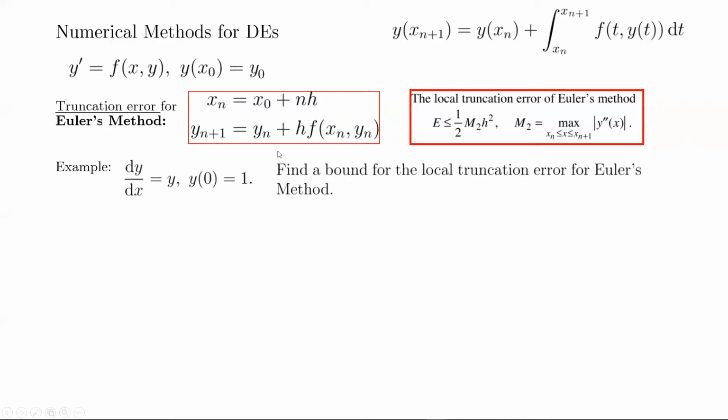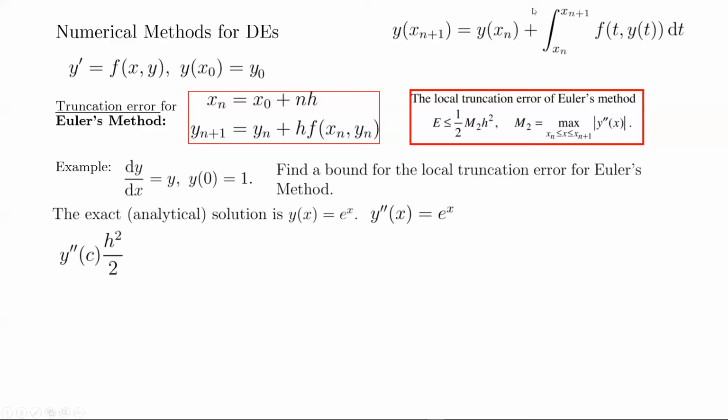This is the example we were working on. We're asked now to find a bound for the local truncation error in Euler's method. The exact analytical solution to this initial value problem is e to the x. The second derivative of this exact solution, y equals e to the x, y double prime equals e to the x as well, because if I take the derivative of e to the x twice, I still get e to the x.